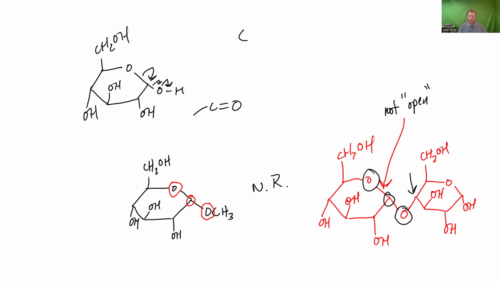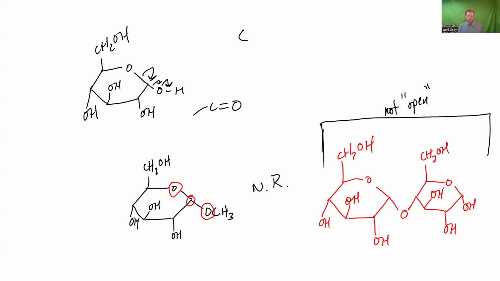Did that help? Okay. Now, let's look at this entire sugar down here. How many anomeric carbons does this have? Add the total number of anomeric carbons that molecule has, the one that has the big black umbrella over it. Two. Perfect. Here's one. Here's the other.